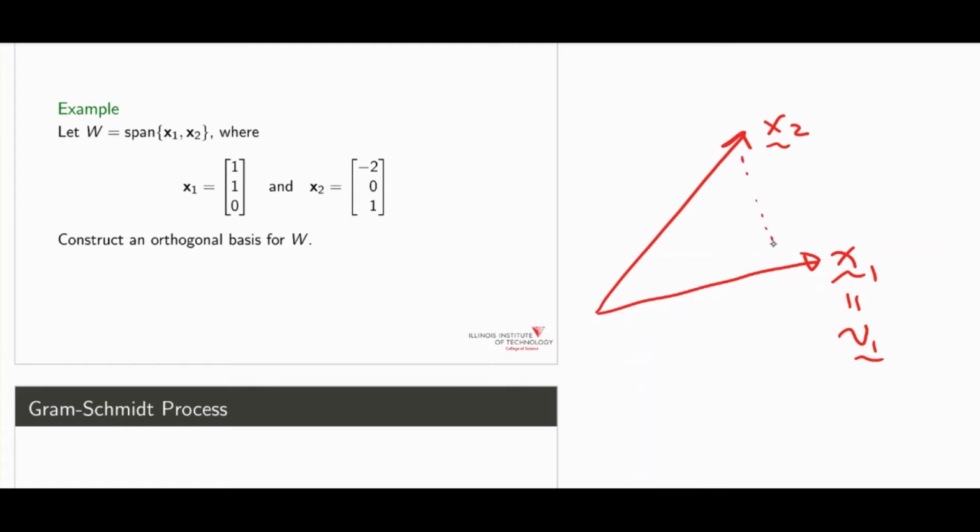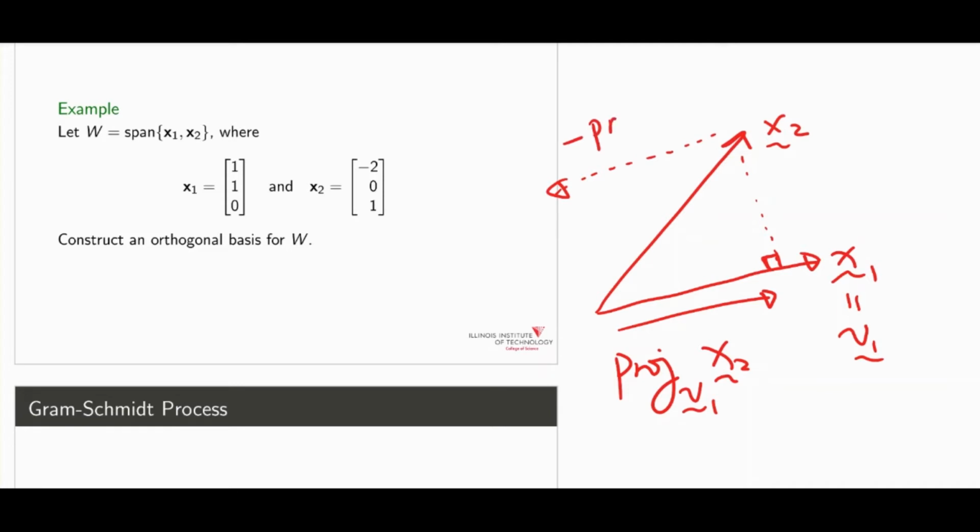So let me compute this projection vector, same as before. Let's call this the projection of x2 onto x1. But since we just renamed x1 as v1, let's just do that. Repeat the same process and reverse the direction of that vector. That's minus the projection of x2 onto v1.